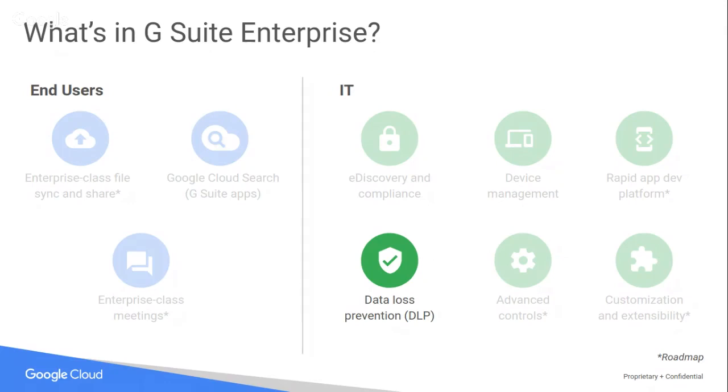DLP gives you an option of defining your own policy, or Gmail data loss prevention lets you use predefined content detectors when scanning inbound and outbound emails.